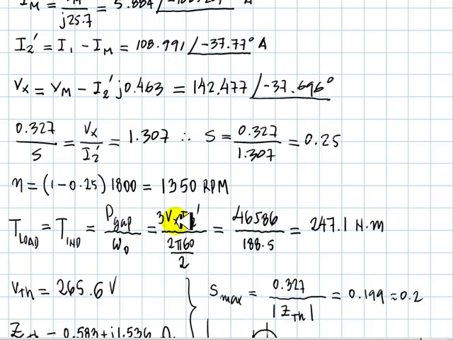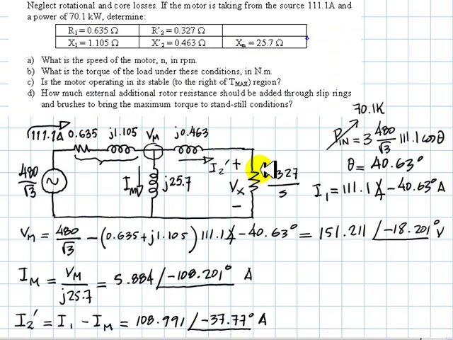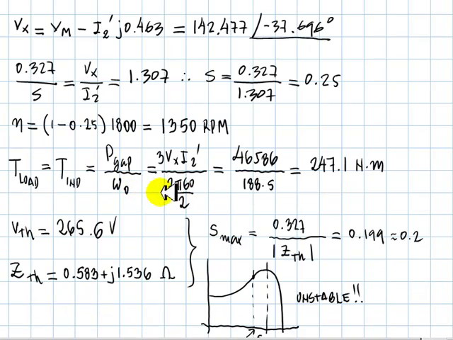P gap is just 3 times Vx times I2 prime, that is 3 times the power in this one resistor, and the synchronous velocity is 2 pi 60 divided by the number of pole pairs, 188.5 radians per sec. Here is the P gap for comparison with your results, and the torque of the load is 247 Newton meters.